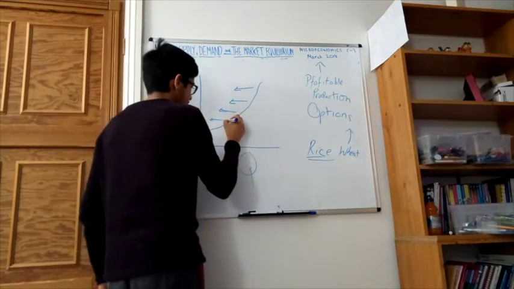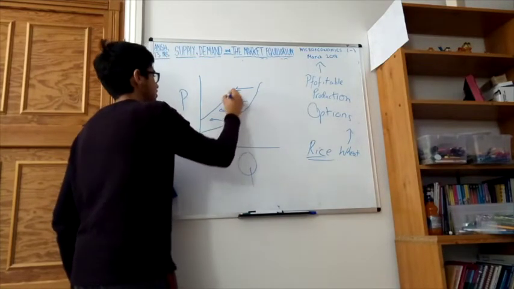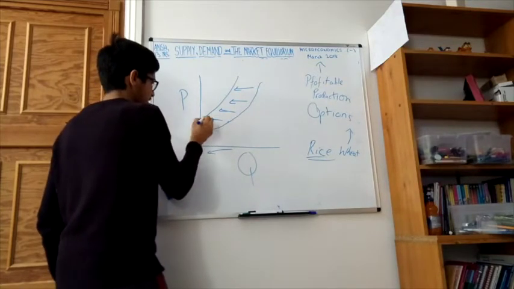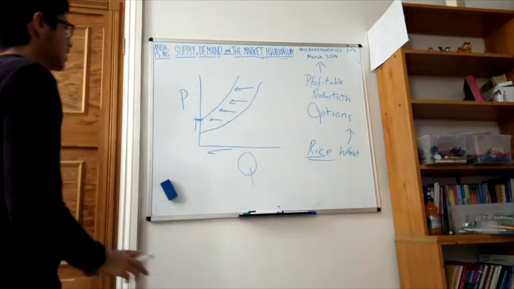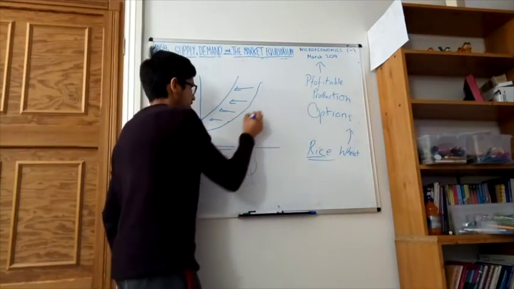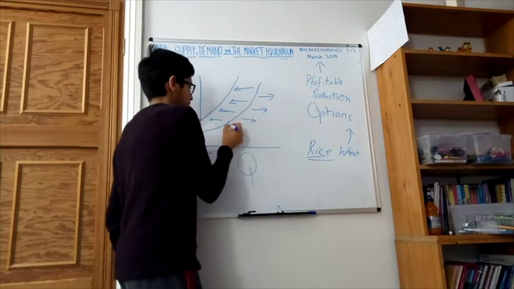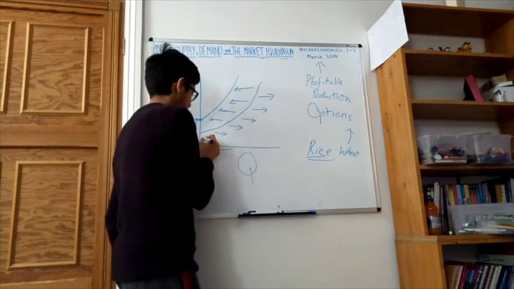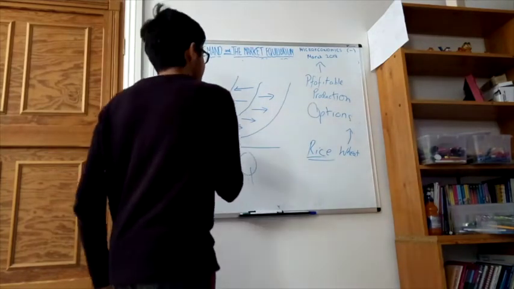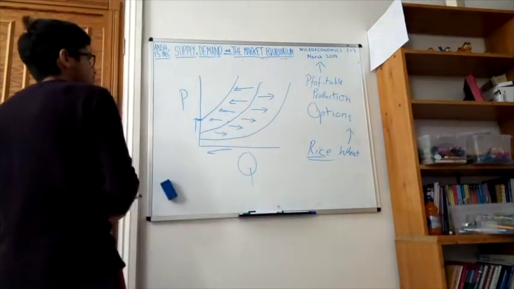So at any given price point, you would produce less quantity. There would be less quantity supplied, so the supply curve would shift to the left, and also the minimum price you'd be willing to supply at is higher. And vice versa, say wheat's price decreases, say it's even less profitable than it was before. Now you're producing even more rice than you were before.